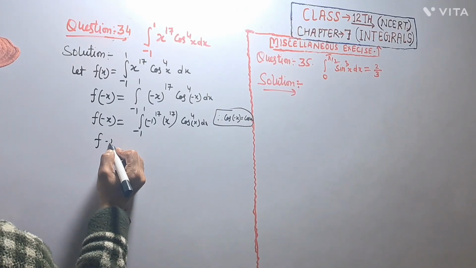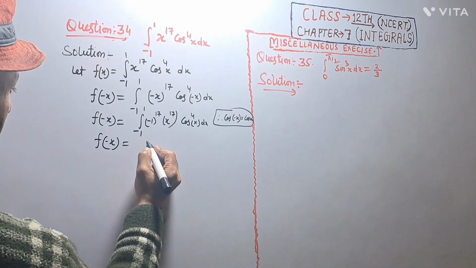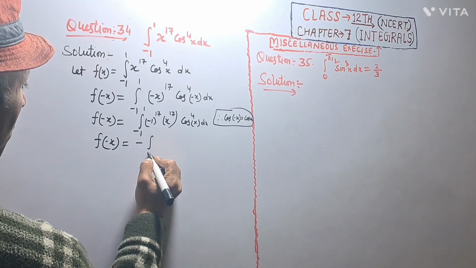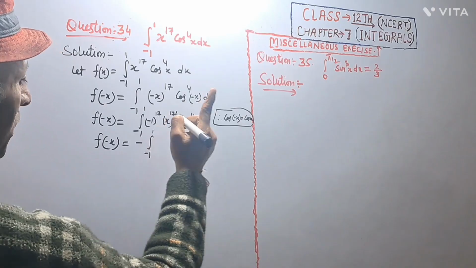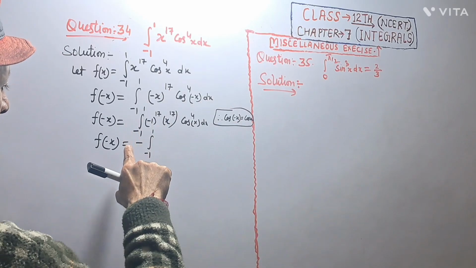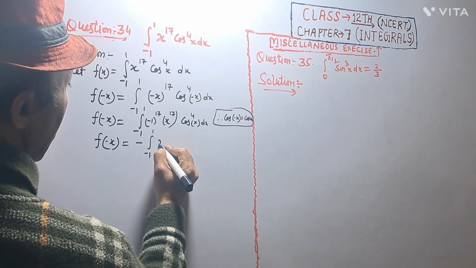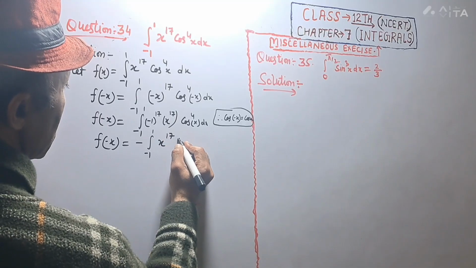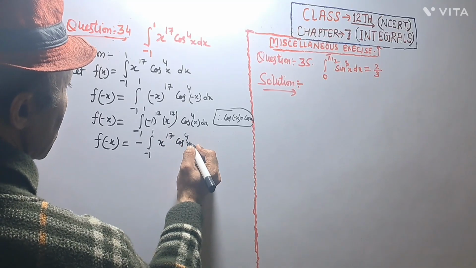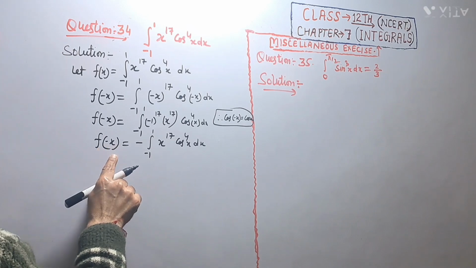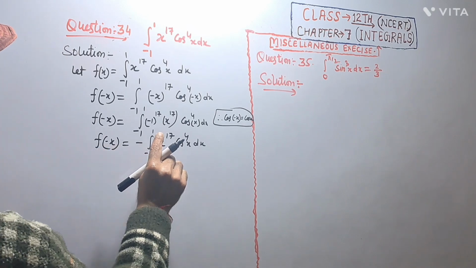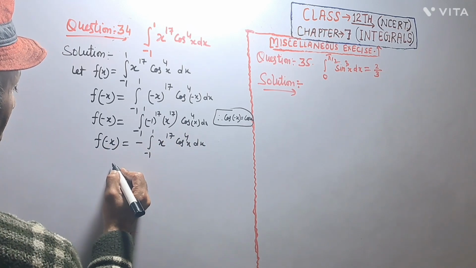So f of minus x is equal to minus 1 raised to an odd number, that is equal to minus 1, times x raised to power 17 cos 4x dx. So f of minus x is equal to minus times f(x).